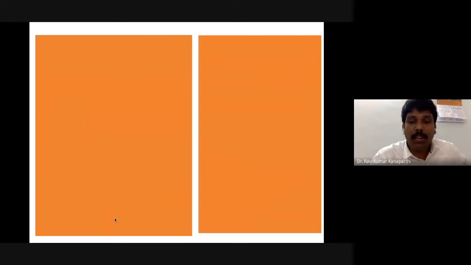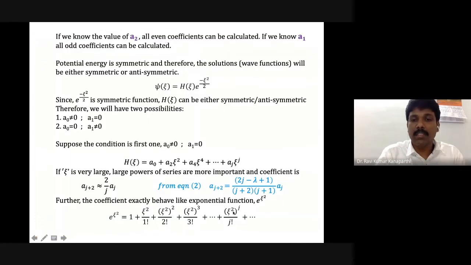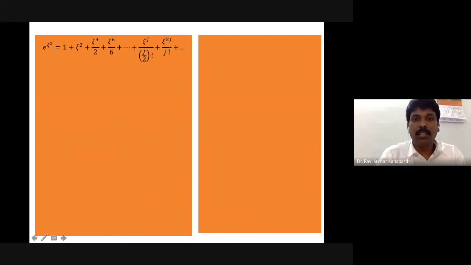Then, having expressed this exponential function, what we wanted is a general term. What is the general term? The general term is going to be this z to the power 2j. Just to recall, the general term is nothing but z square to the power j by j factorial, which is nothing but z to the power 2j by j factorial.